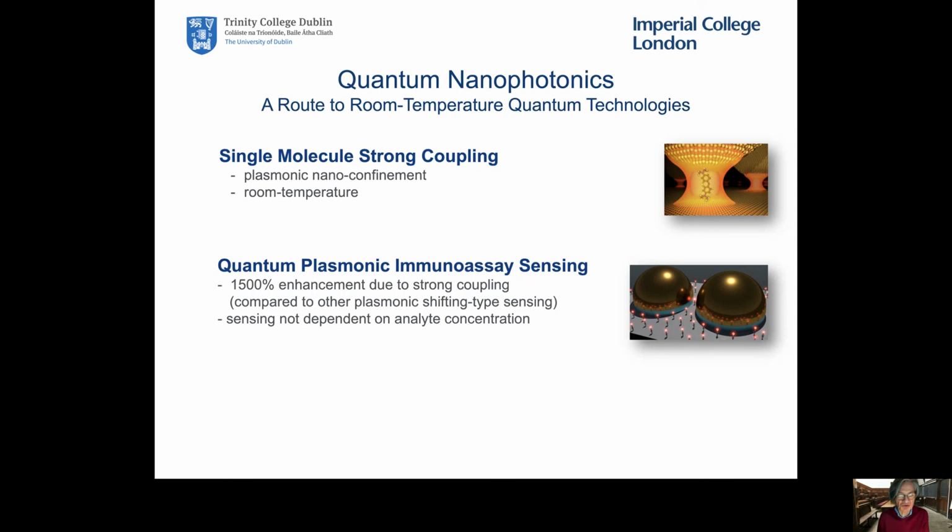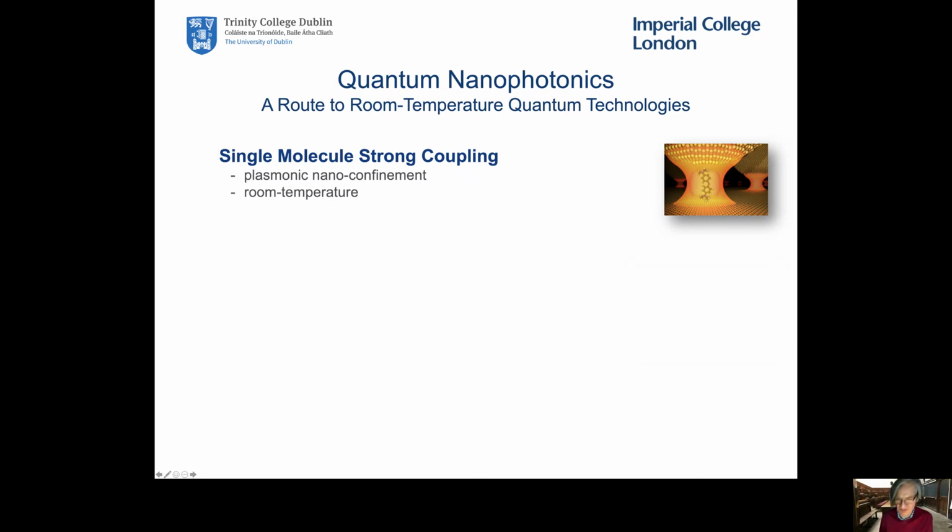That is a huge step because it allows us to build and use processes which do not depend on cryogenic cooling anymore, for example. It also allows us to think about quantum processes in environments which really have to be at living temperatures, such as immunoassay sensing of living cell groups. So here, not only a huge enhancement, but the fact that they can be performed in the first place is a very, very important element.